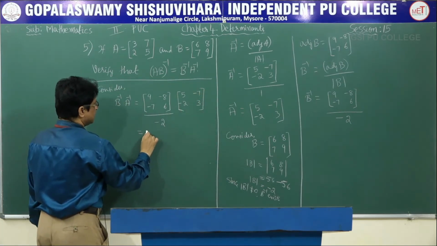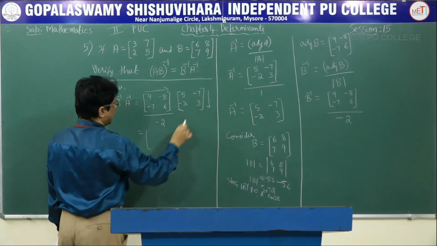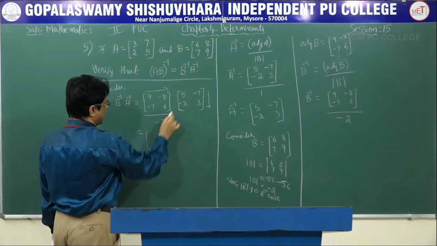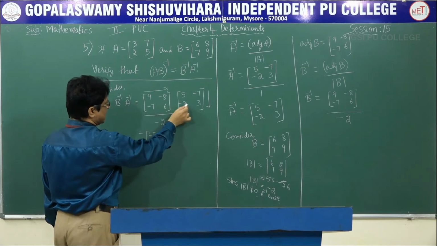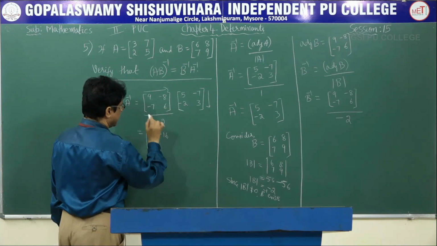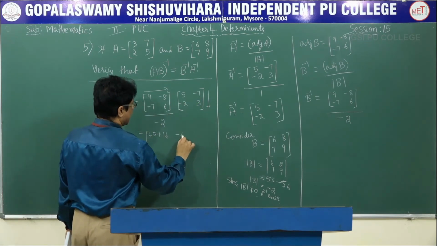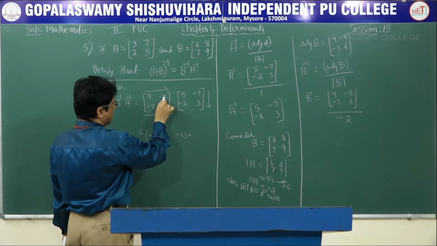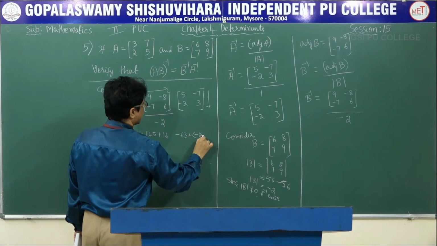That will be equal to, first we shall multiply the matrices and then we divide by minus 2. So 9 5s are 45 plus minus 8 into minus 2 is 16. 9 into minus 7 is minus 63 plus minus 8 into 3 is minus 24.